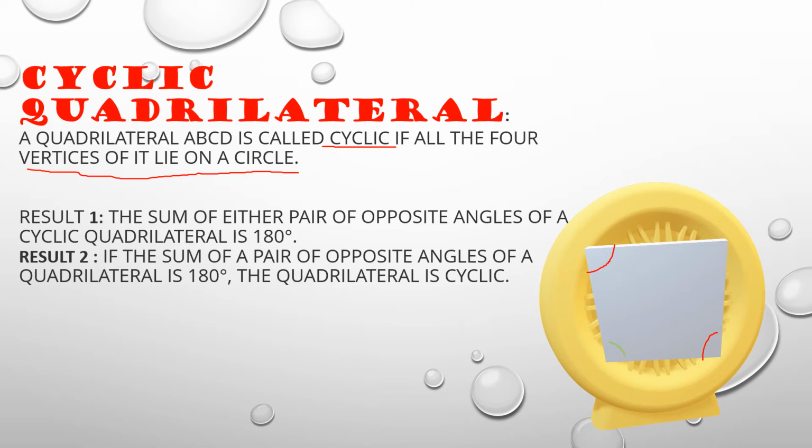Similarly, this one and this one also give you 180 degrees. And the converse of this: if the sum of a pair of opposite angles of a quadrilateral is 180 degrees, then the quadrilateral is cyclic. These are basically converses of each other.